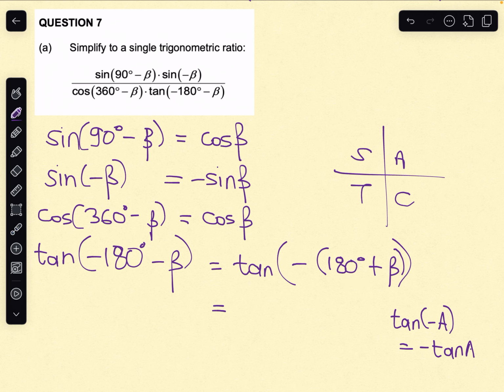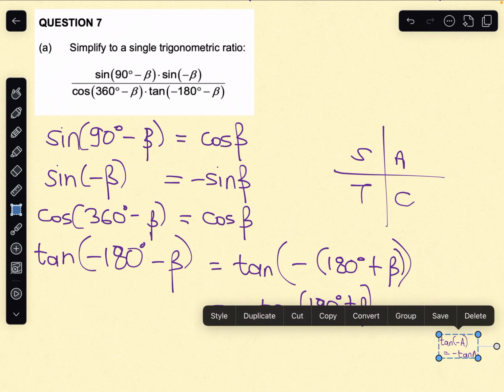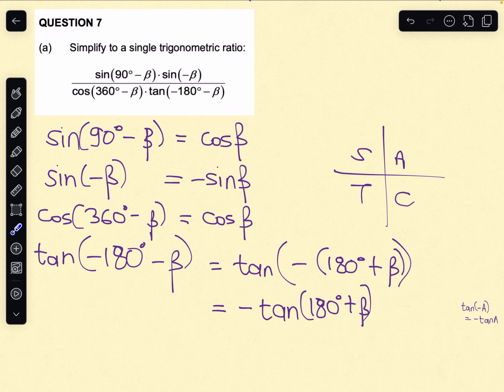So this would be the same as negative tan 180 plus beta. Okay, and 180 plus beta is in the third quadrant. Tan is positive there, so this is just then the same as negative tan beta. So this is tan beta, and then the negative makes this whole thing negative. So that would be one way to arrive at the answer.